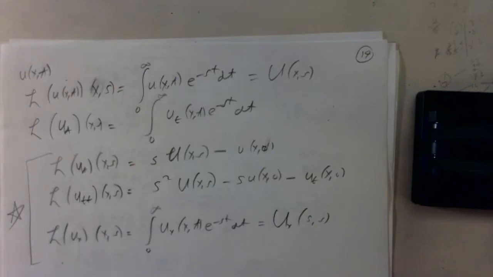And what I want to show in the last couple of minutes is how you can use the Laplace transform to reduce a partial differential equation to an ordinary differential equation.